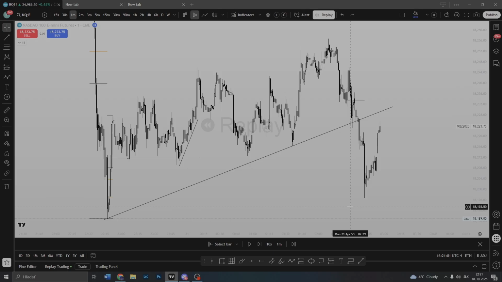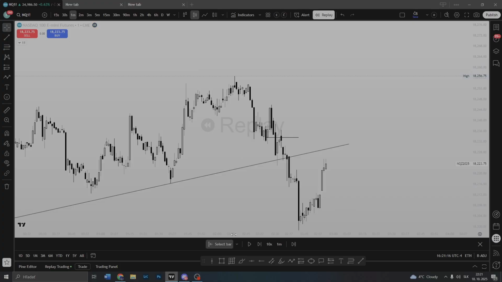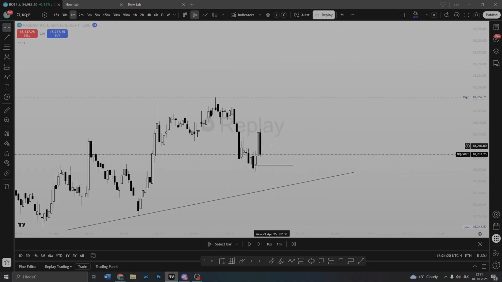Okay, so theoretically, if it was going to go higher, then you would need to wait for it to close above the... I can see your time. So we are right here in the PA. Yeah.